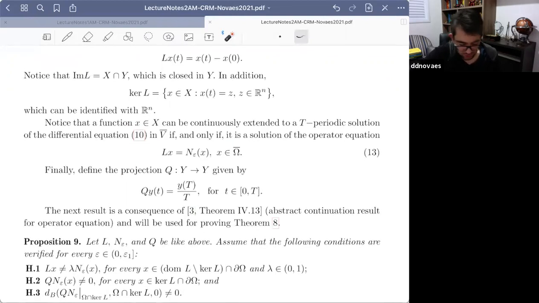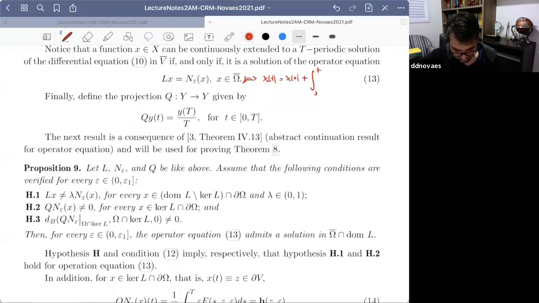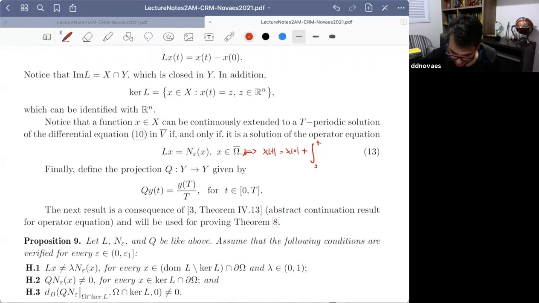Okay, so as I have commented in the first lecture, a function x can be continuously extended to a T-periodic solution of the differential equation 10 if and only if it's a solution of the operator equation, because this is equivalent to saying that x of t is equal to x of 0 plus the integral between 0 and t of epsilon f(s, x(s), epsilon) ds.